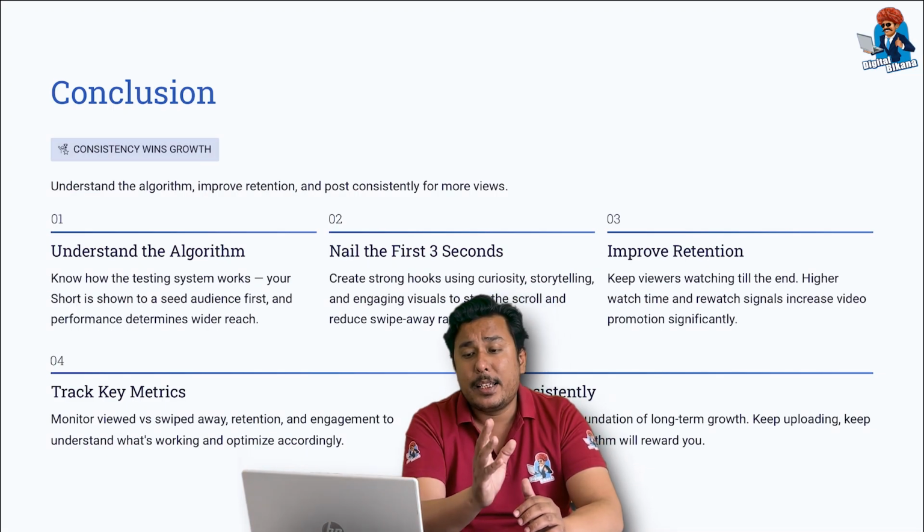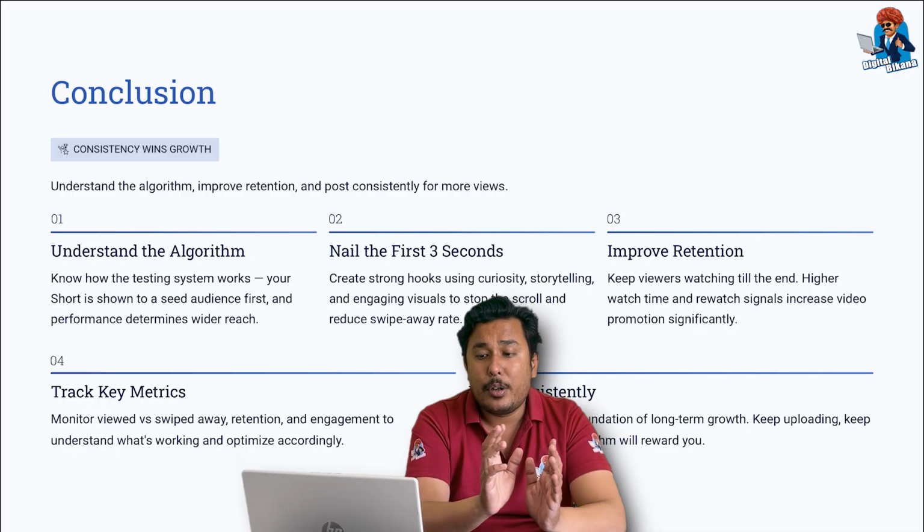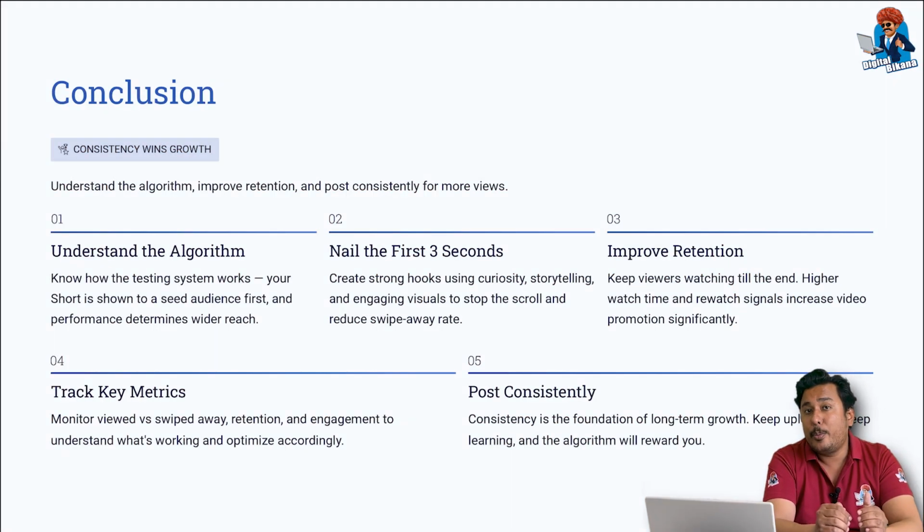Now, concluding this video, you should understand the algorithm first. You should understand how the YouTube algorithm works, what kind of content people are liking and how content is pushed by the algorithm to a wider group of audience. You should nail the first 3 seconds by creating good hooks and visuals, storytelling, or building curiosity among the viewers. You should also improve the retention part.